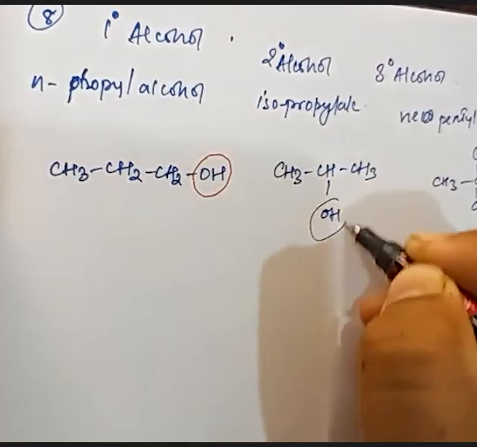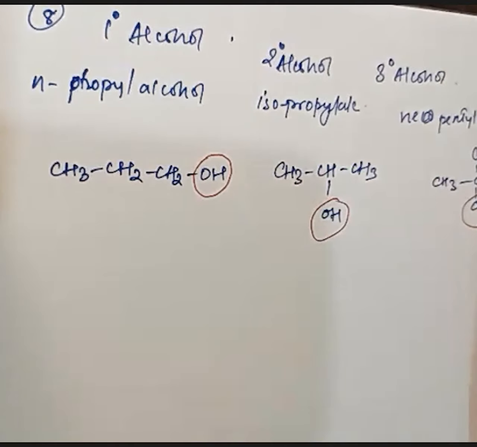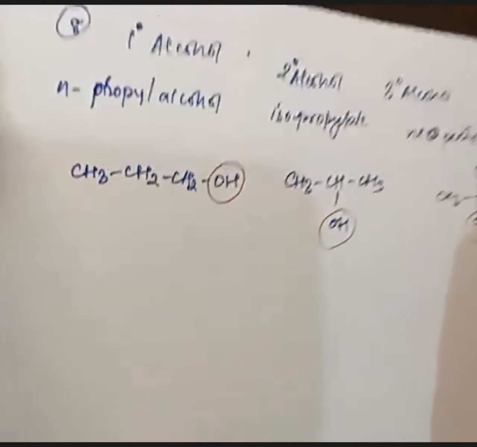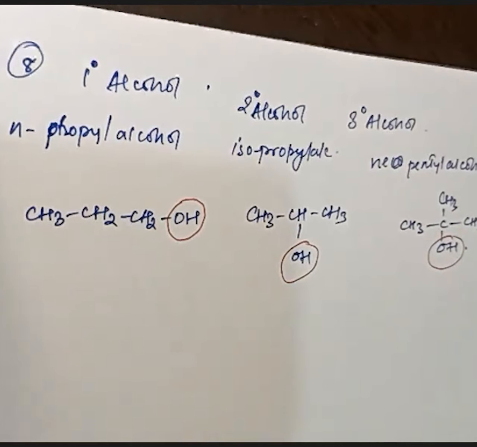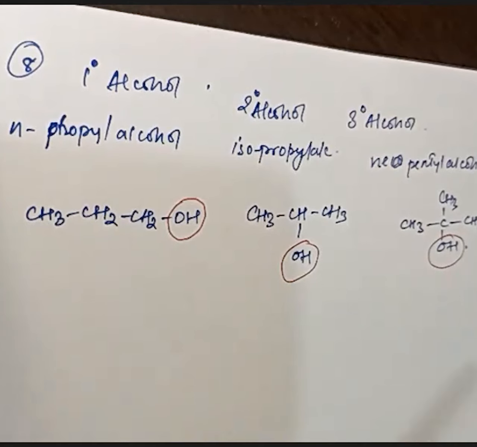So these are the OH groups. This is our alcohol, 1 degree, 2 degree, 3 degree alcohol. How do I understand how to do the test?